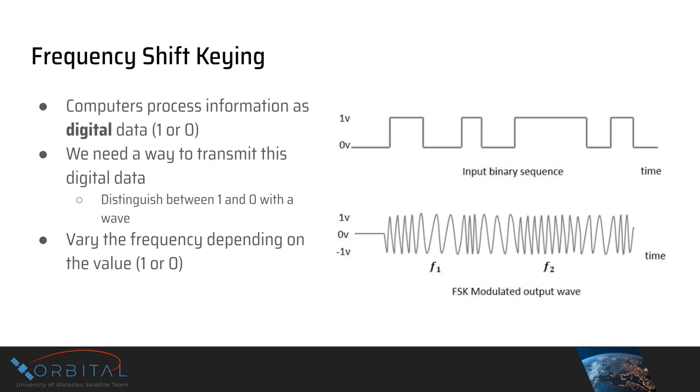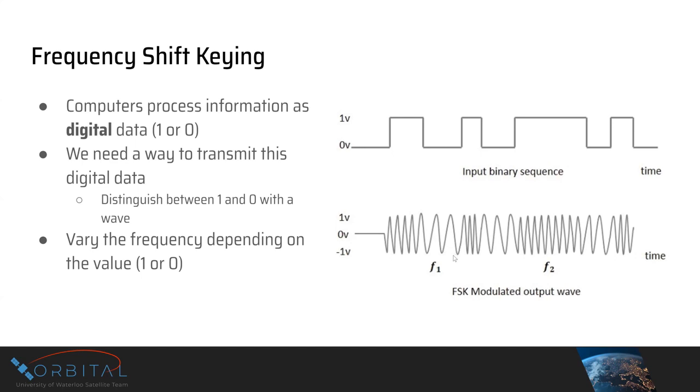There are some other modulation schemes that use more than just ones and zeros. For example, instead of hopping between two frequencies, you could hop between four different frequencies, and that would allow you to represent two bits. So for example, frequency F1 could be 0, 0, frequency F2 could be 0, 1, frequency F3 could be 1, 0, and frequency F4 could be 1, 1.